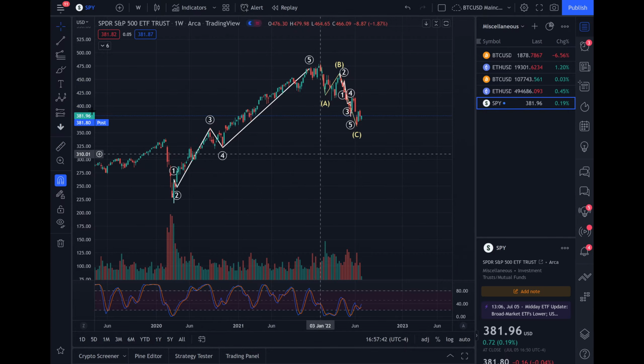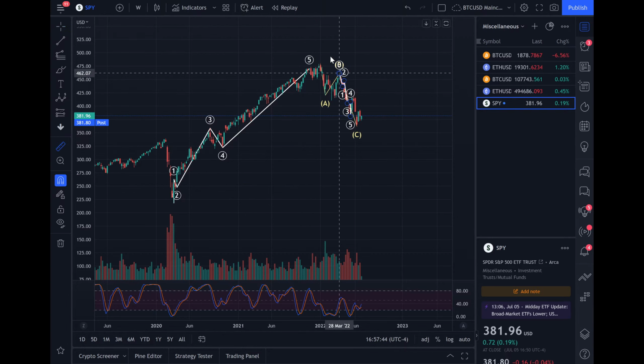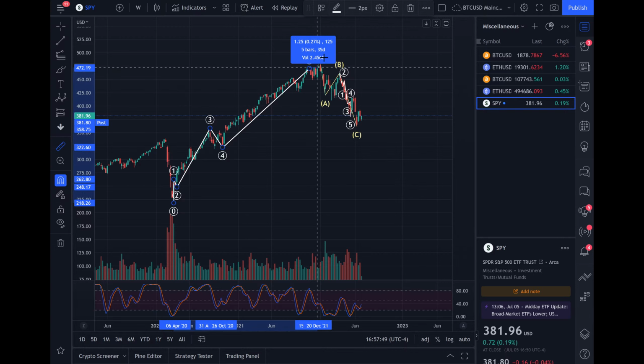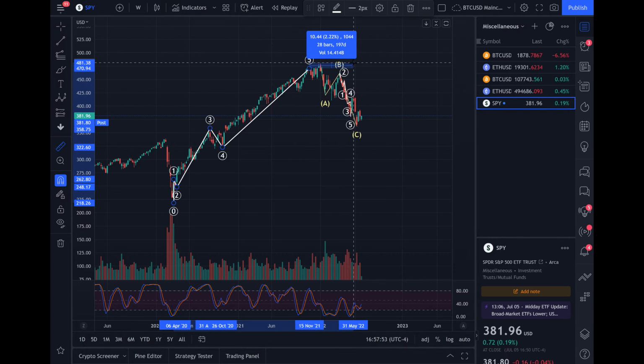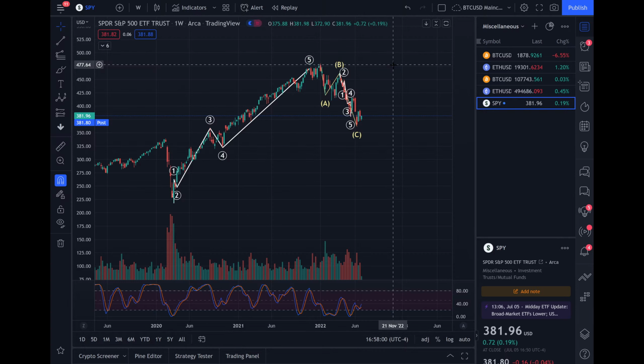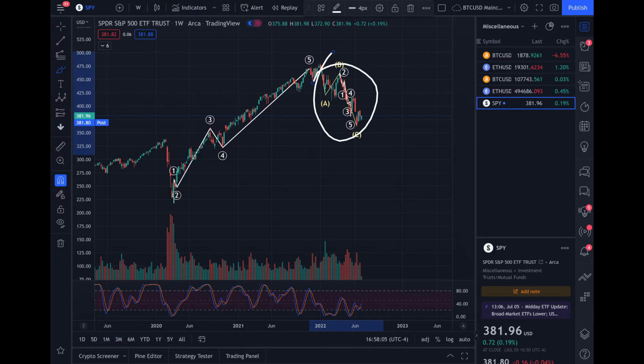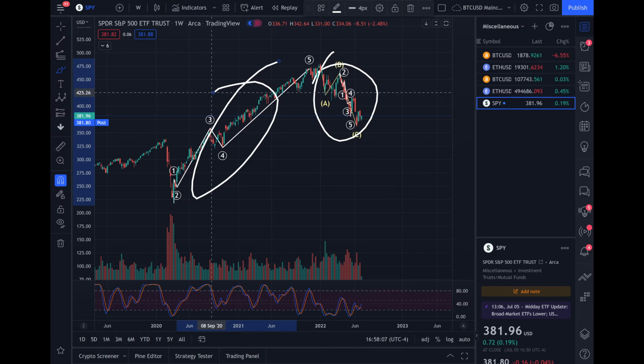All right. So then I take my ruler, my time, and from the end to this, ever since we started correcting, I see it took about 210 days. Okay, so what does that mean? To me, this means that whatever this is right here, this is not the end of the correction, or it's an intra-wave correction.